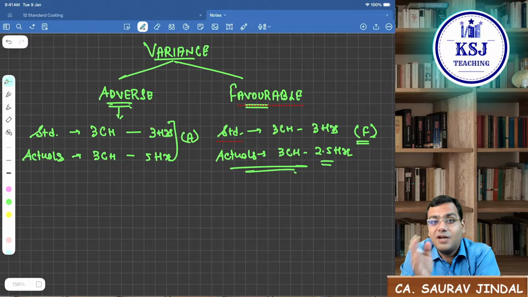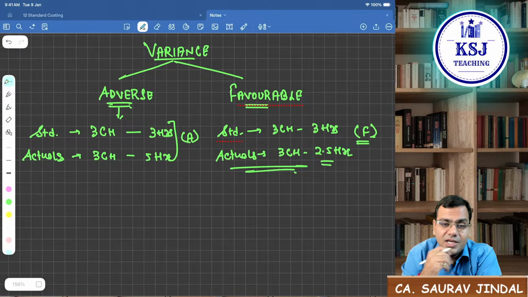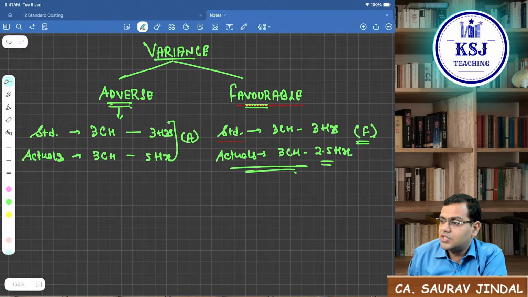Then you compare it with the actuals, where you actually take 3 hours to complete, and you say there is a variance of 2.5 hours. Is that a correct variance? No, that is not a correct variance, right? So your standards should always be realistic. That you always have to remember. Is it clear? This much is clear?